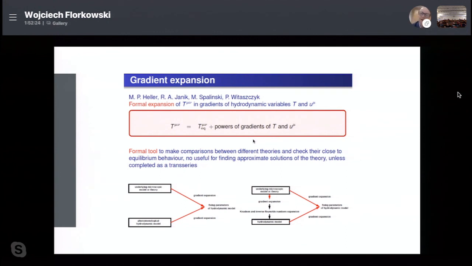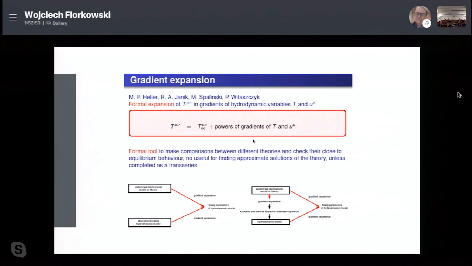For me CGC is just some configurations of the initial fields, chromoelectric and chromomagnetic, that somehow decay and produce plasma, and then everything becomes a hot and dense system of quarks and gluons, and then there is the place for this viscosity.